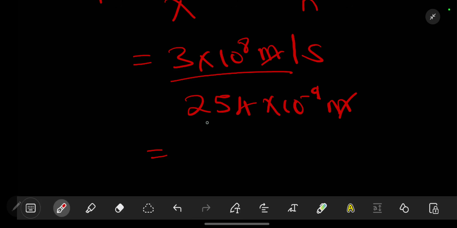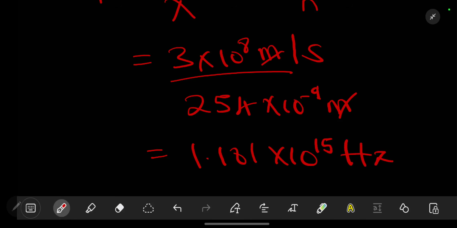When we divide these two, we get 1.181 times 10 to the power 15. That's the frequency, so our frequency is equal to 1.181 times 10 to the power 15 Hz.